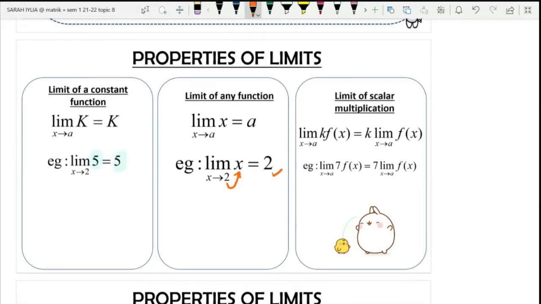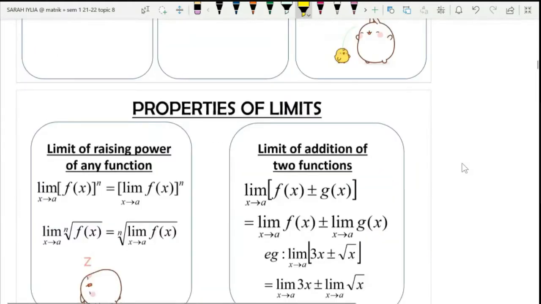So if it's involving scalar times any function, scalar tu we can factorize outside. Contoh ni, we have limit of 7 times fx as x approaches a. So 7 itself is basically a constant, a scalar. So kita boleh bawa keluar outside of our limit function. Kita tak payah nak masukkan bersama-sama kat situ. We can factorize it out. Okay, that is the properties.